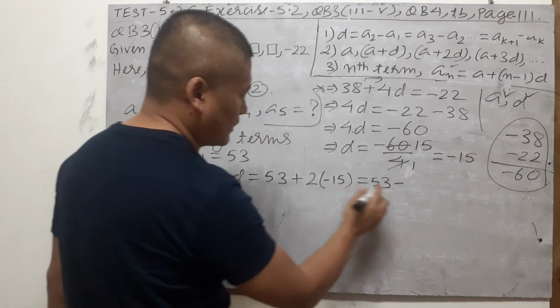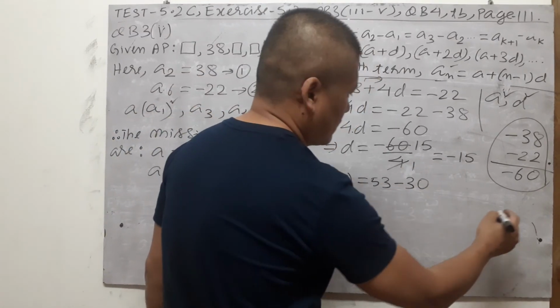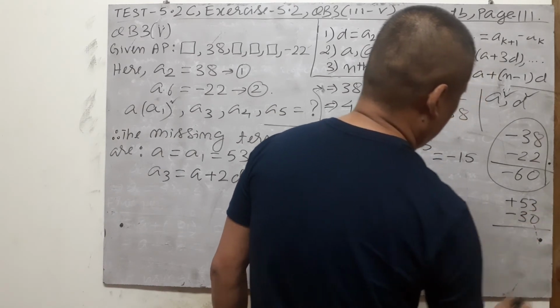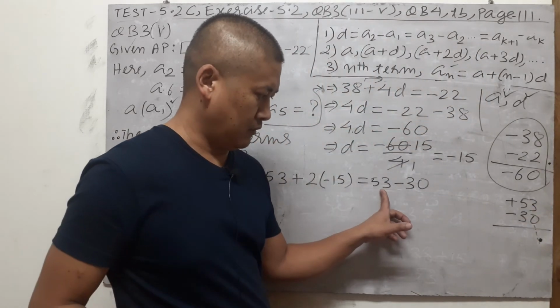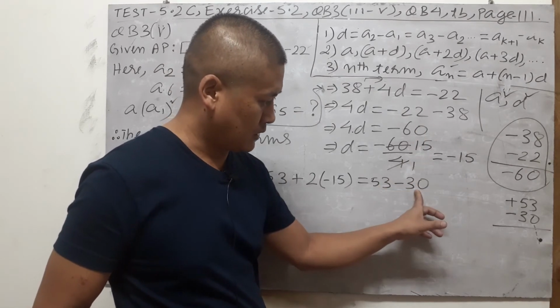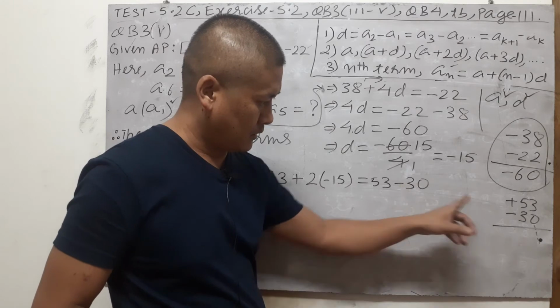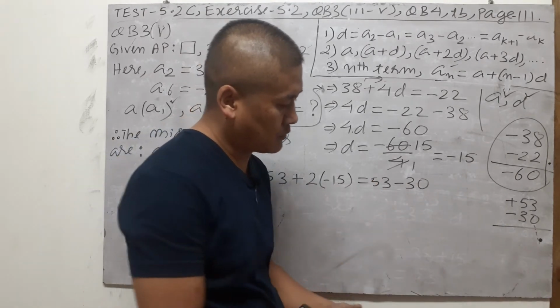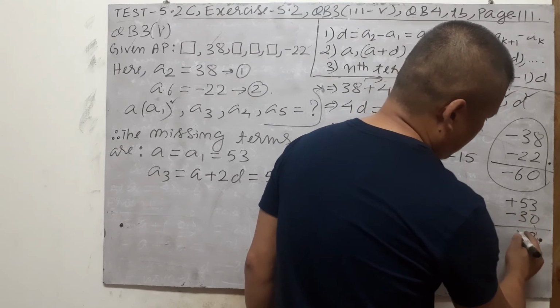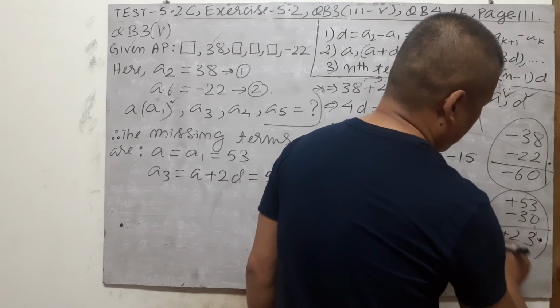Minus 2 into 15 is 30. So 53 minus 30. We have to put the bigger absolute value. 53 is bigger than 30 in absolute value, so it is put up, and the lower is 30 having minus in front, and here no sign in front, so plus minus means subtract. 3 minus 0, 3. 5 minus 3 is 2. So plus 23.